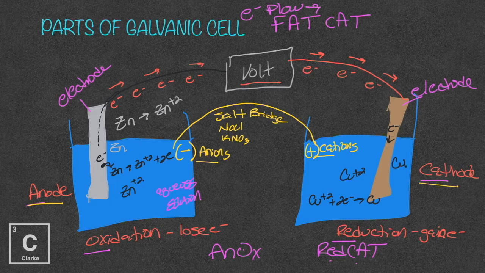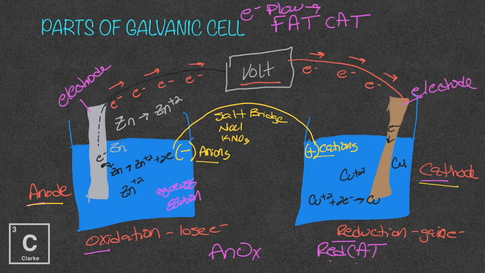So you might be able to see that this is going to run out eventually. One day, we will run out of zinc metal to produce electrons, and we are building up copper over here. So at our anode, this metal is eventually going to deteriorate and disappear. And over here, we're going to have an excess of copper building up onto the copper metal.